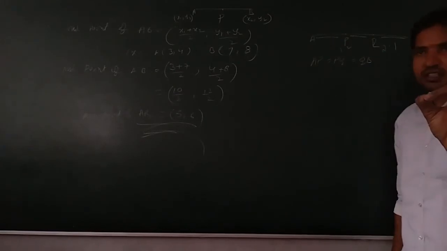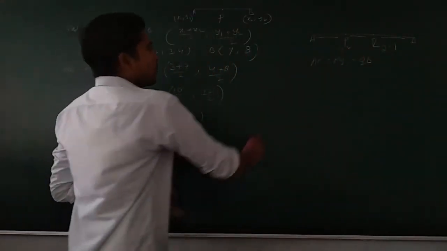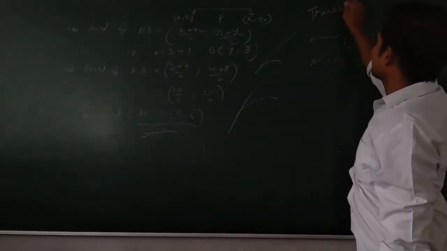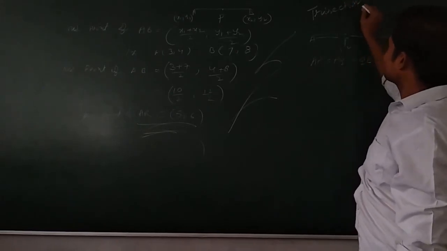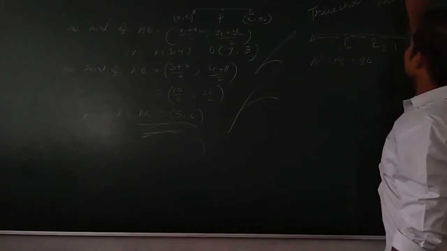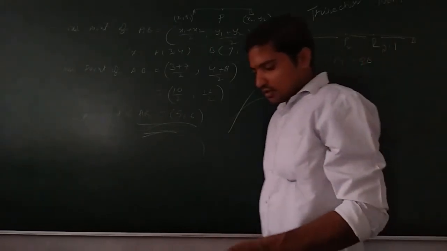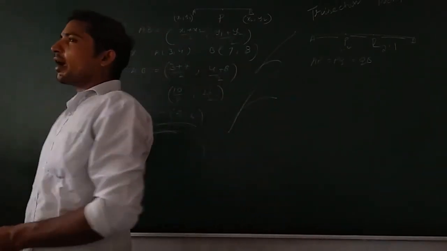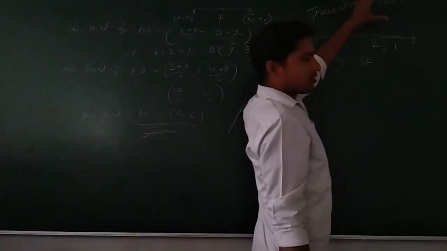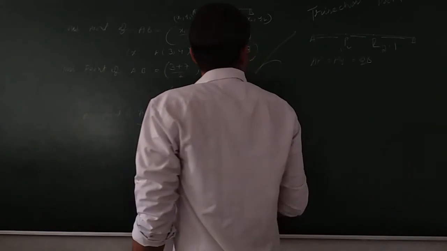The points which divide the line segment in the ratio 1:2 and 2:1 are called points of trisection, trisection points. Right?